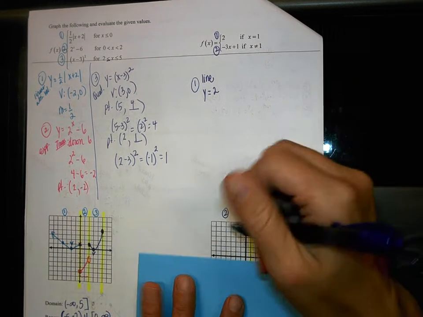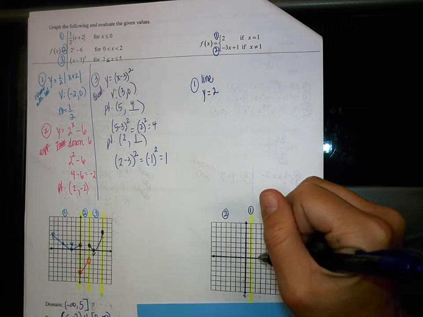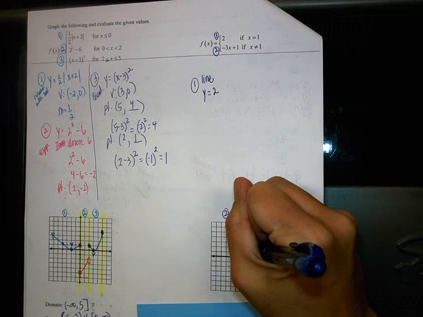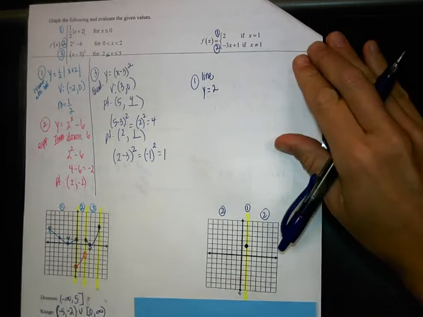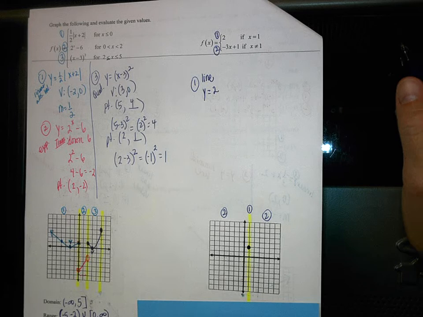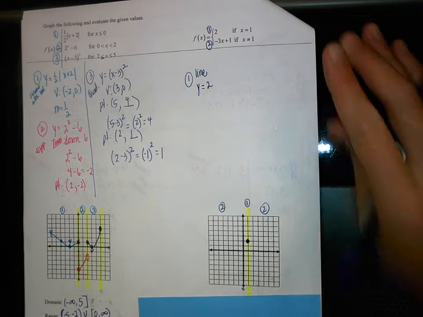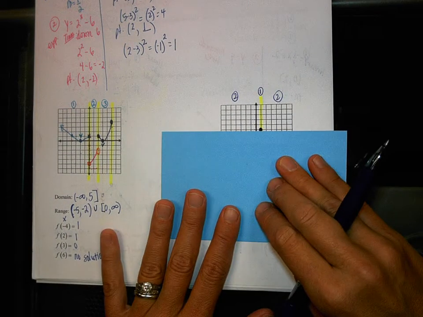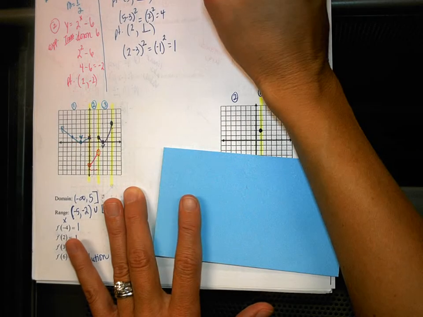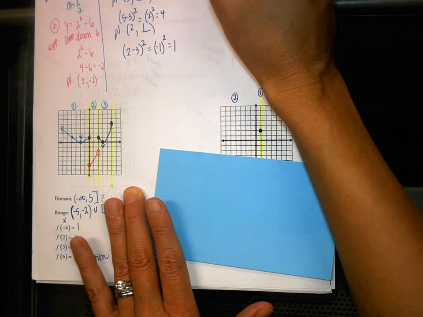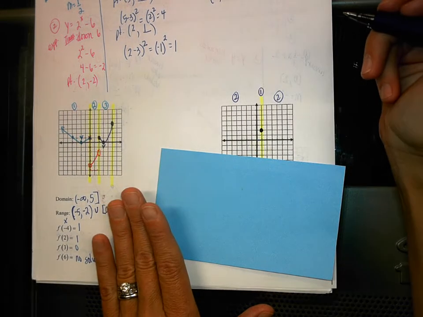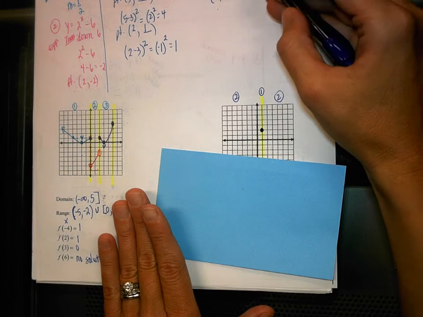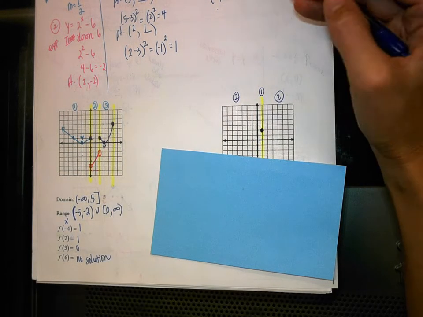We just make a point there. Just that point, and it's closed because it's equal to. All right, any questions? So we just have that point. Normally that line would be at y equals 2, and this actually makes a point at 1, 2. Because x is 1. If we were plugging 1 in here, you couldn't get anything else except for the answer of 2. Okay.